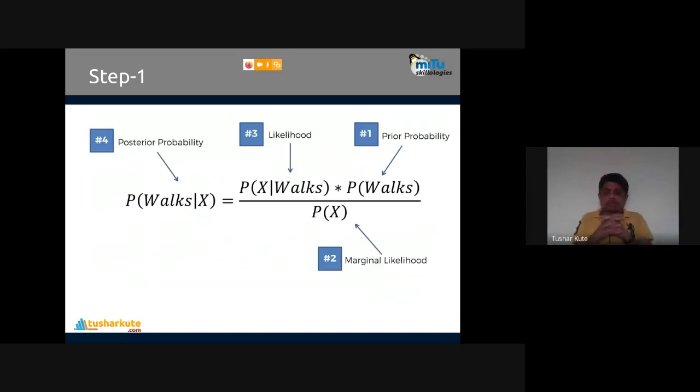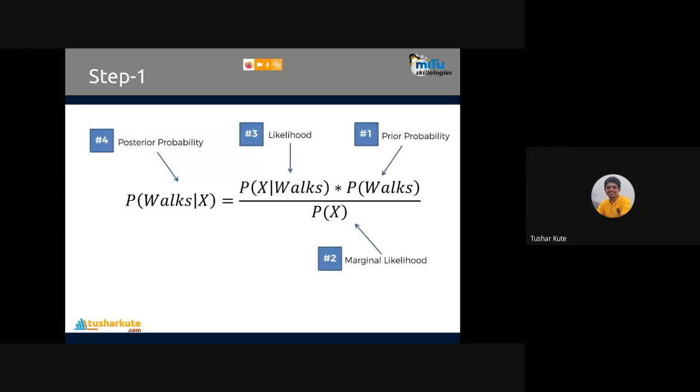Then likelihood, which we have come across in the probability concept already: out of the total walkers, what are the similar observations. The probability of walker is called the prior probability, and the probability of all elements is called the marginal likelihood.